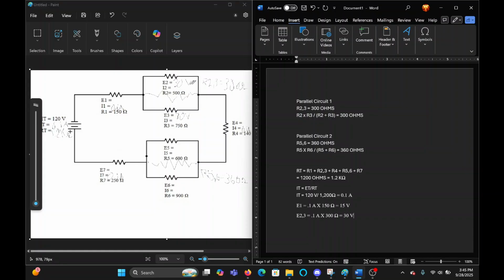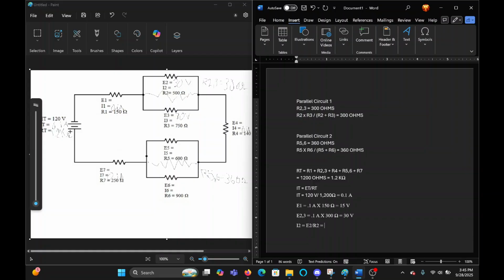So once you get this, you can solve for current on each one of them. I2 is going to equal E2 divided by R2.